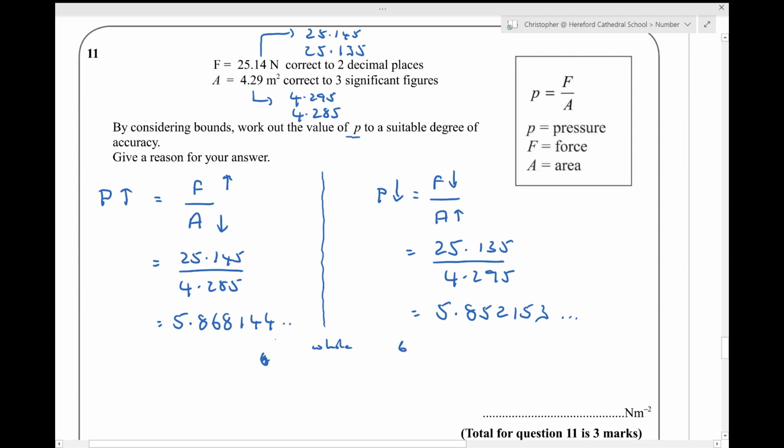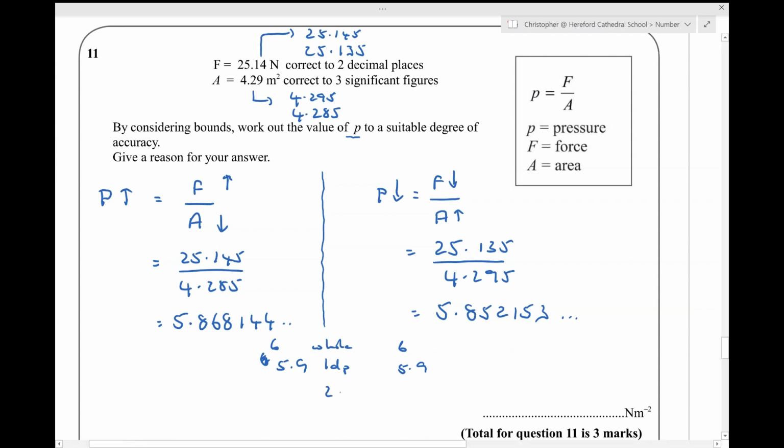Great. So what about if I go to one decimal place? Well, the upper bound for p is 5.9, and the lower bound, look at that, it's 5.9 as well, isn't it? Because that 8 rounds up. So I could go to one decimal place and tell you for sure that p is 5.9.